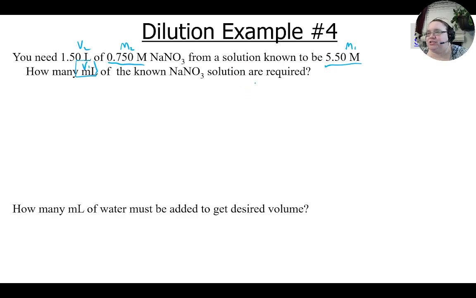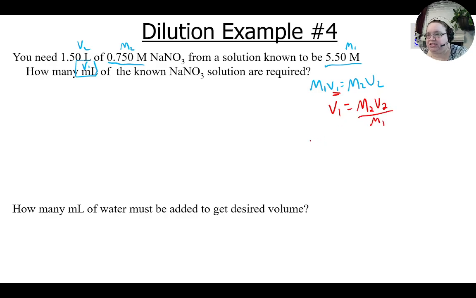Now rearrange my equation. Let's write my equation. M1 V1 equals M2 V2. All right, it's asking me for V1. So V1, to get it, I divide both sides of the equation by the thing I don't want over there anymore, which would be M1.